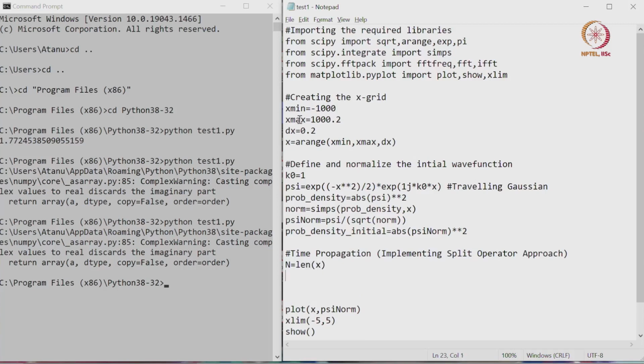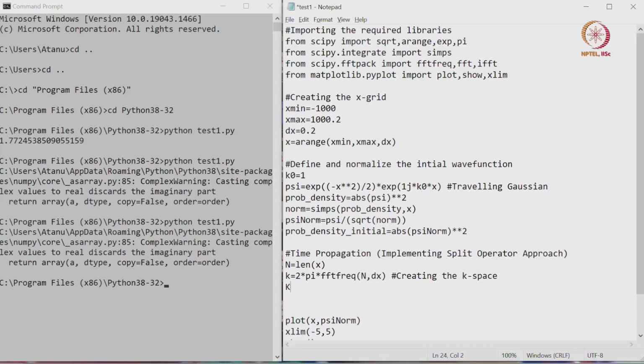I need to know that, because when you define k, I will define k by 2 pi multiplied by the FFT frequency components. For that I have 2 inputs, n, the number of grid points I have in the x space, as well as the separation of grid points. These are the 2 things, and this is the way we create the k space.